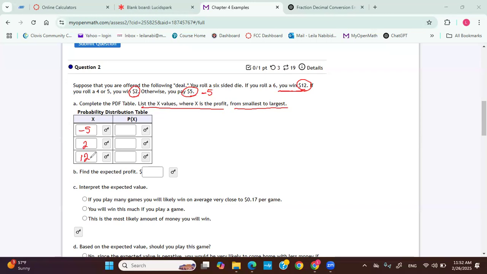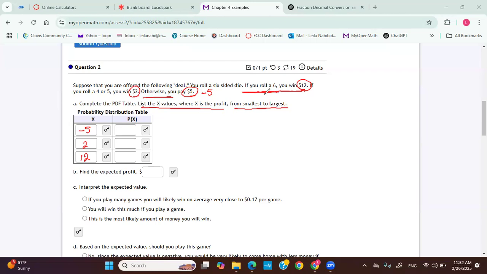Now we need to find the probability for each of these X values, each of these random variables. So when do we get -5, when the profit is -5? If we don't get 6 or 4 or 5. Okay, let's find the other one, then we get back to this one. When do we get $12? When we roll a 6.